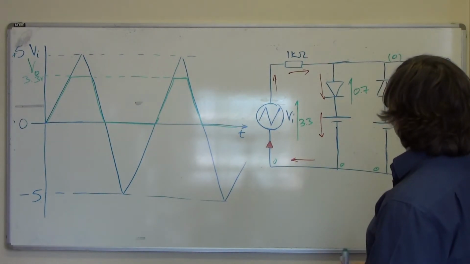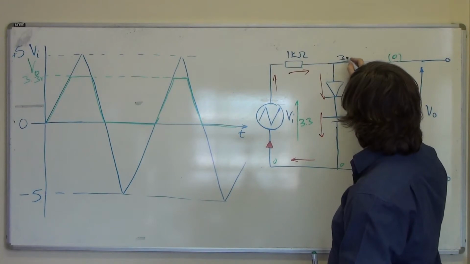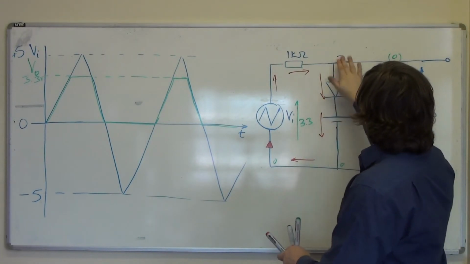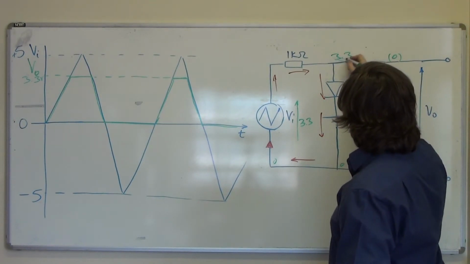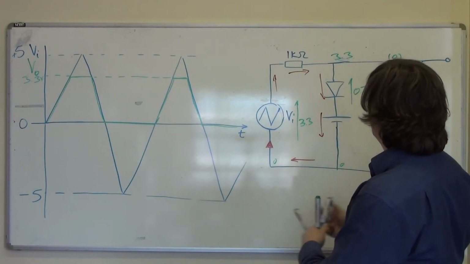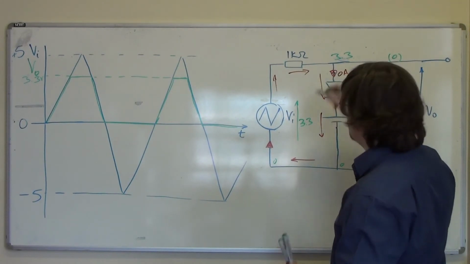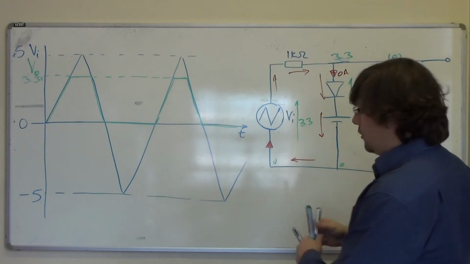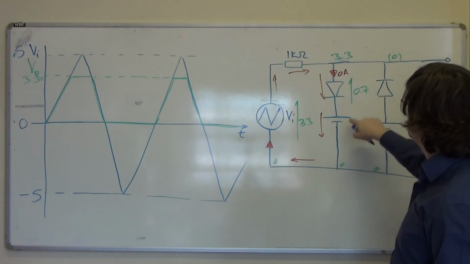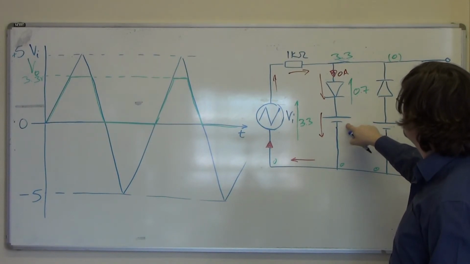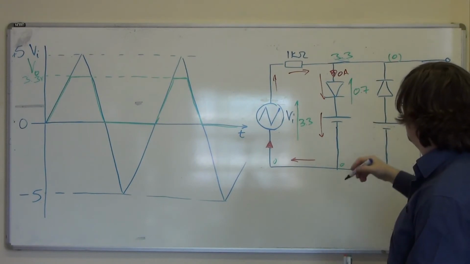So what do we have to do? Well, this is going to be at 3.3 volts. That's going to have to be at 0.7, and the current that flows through here is going to be 0 amps, because we're on the edge of conduction. So what do I have to do to this to manufacture 3.3 here, given that I've got an extra 0.7 involved?